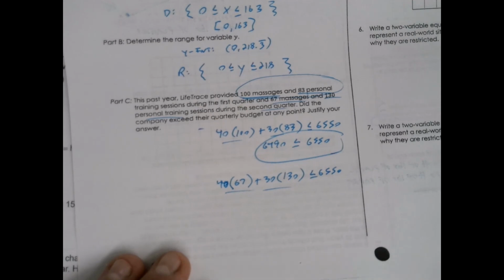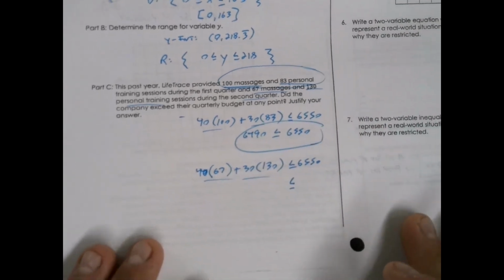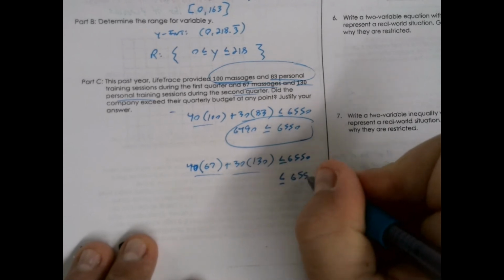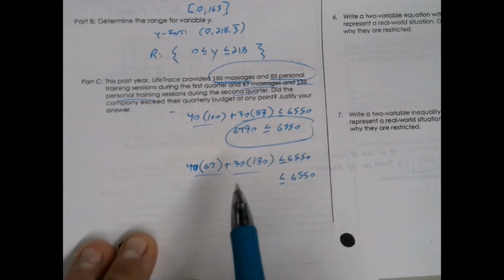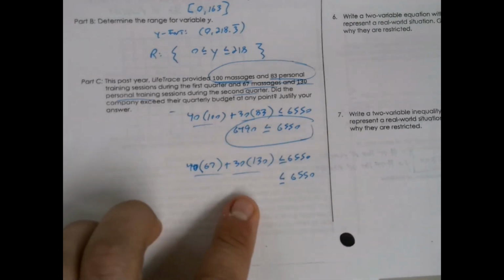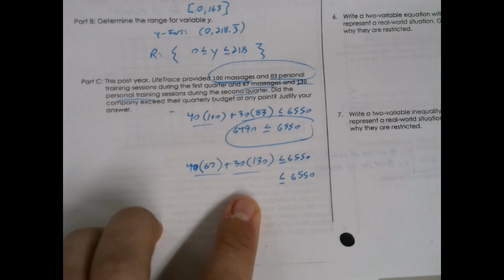So what do we get this time? So we know the right side's 6,550. What does the left crank out to? 2,680. Okay, that's just for that part.